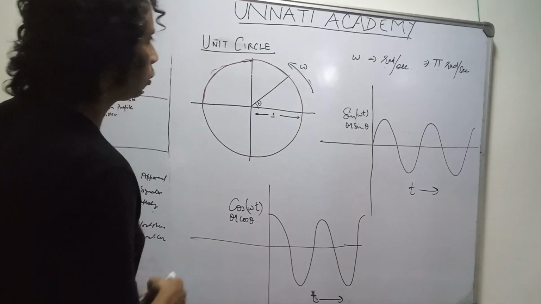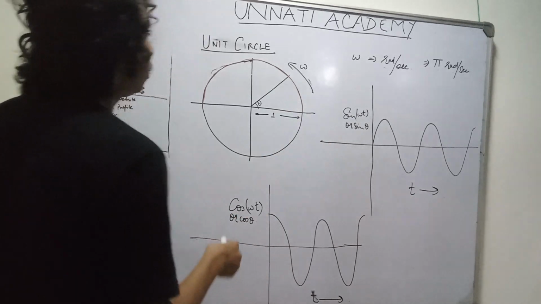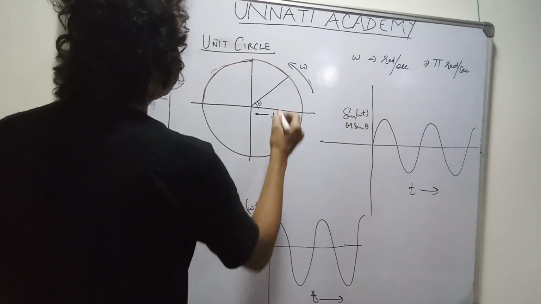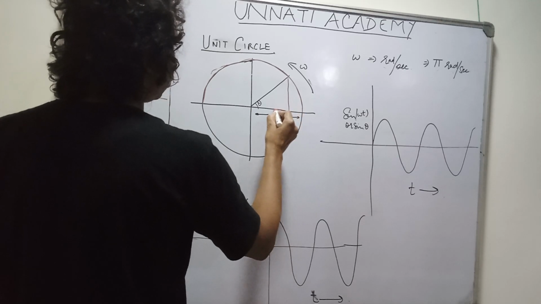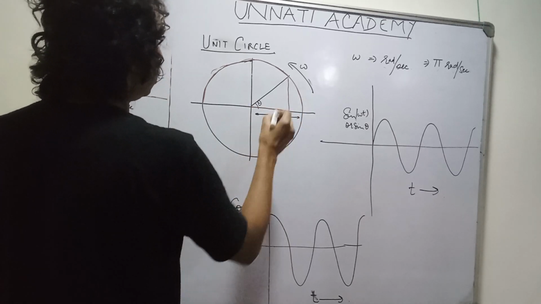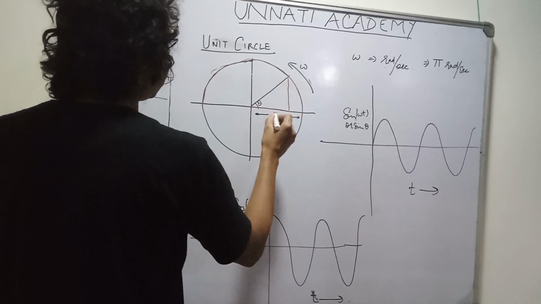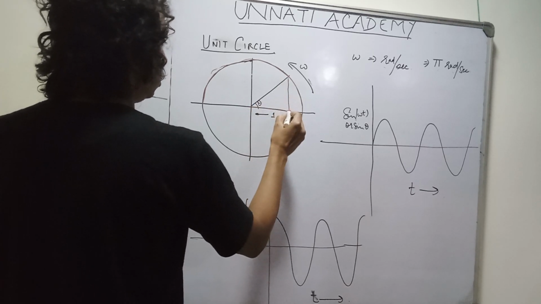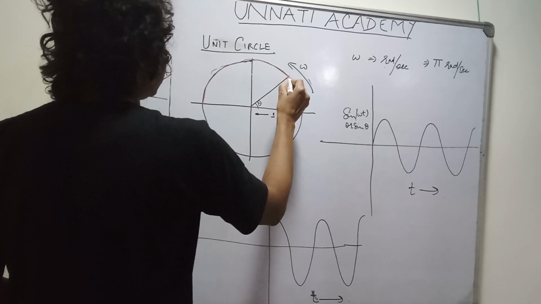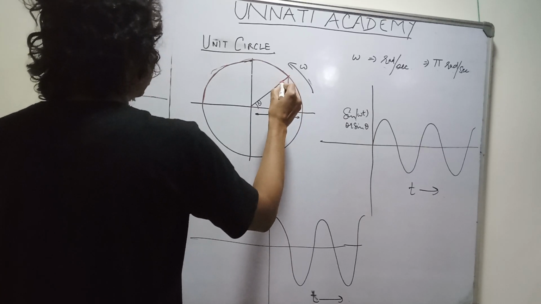So how is this related to the sine and the cos curves? The sine curve here is basically nothing but the vertical projection of this rotating radius vector. So the vertical projection of this rotating radius vector is basically the sine ratio, this height divided by the radius, which is 1.